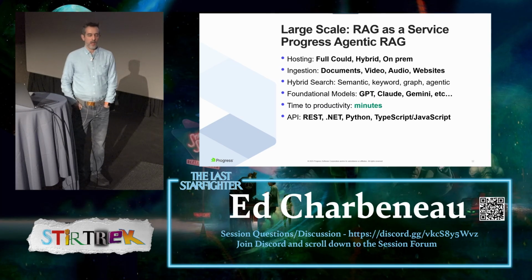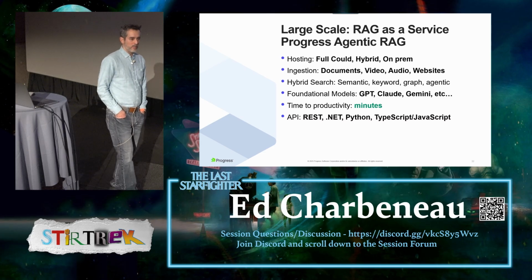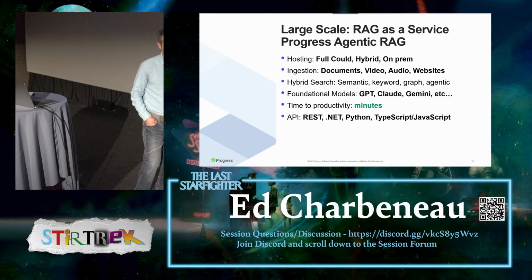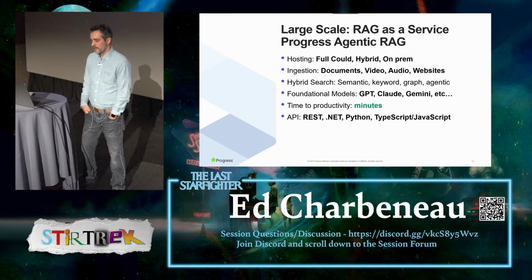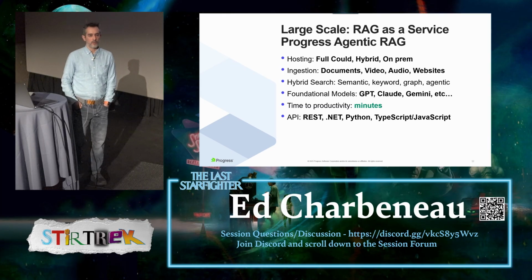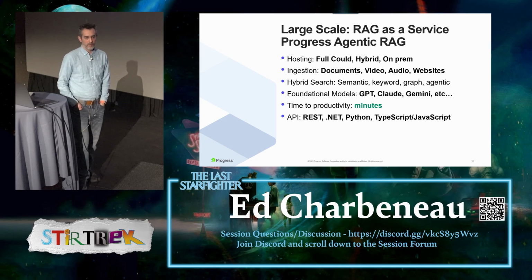We need to do hybrid search. Those vector searches, remember those numbers that I showed? The similarity on vector searches can be kind of low at times. People don't always phrase things for their queries the way the data is stored in the documents.